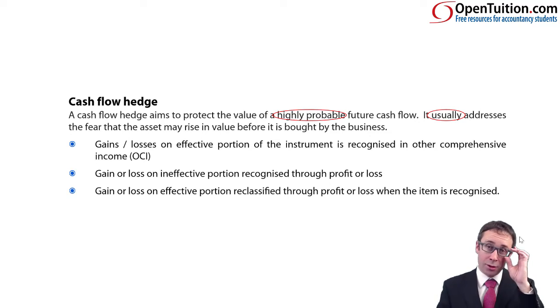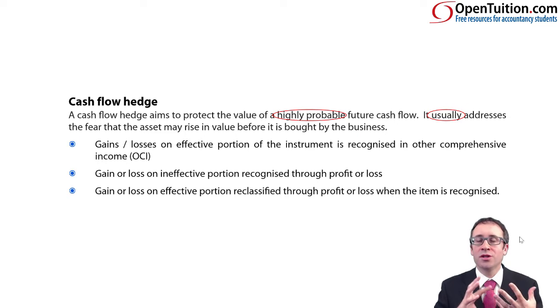But in the majority of questions, the majority of scenarios where businesses enter into cash flow hedges, it is for future purchases, your highly probable future cash flow. So we will address the fear, if you like, that the price will rise.